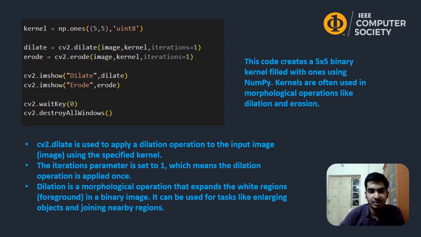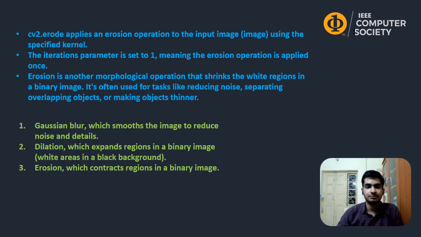The iterations parameter is set to 1, which means that the dilation operation is applied only once. Dilation is a morphological operation that expands the white regions in a binary image. It can also be used for tasks like enlarging objects and joining nearby regions.